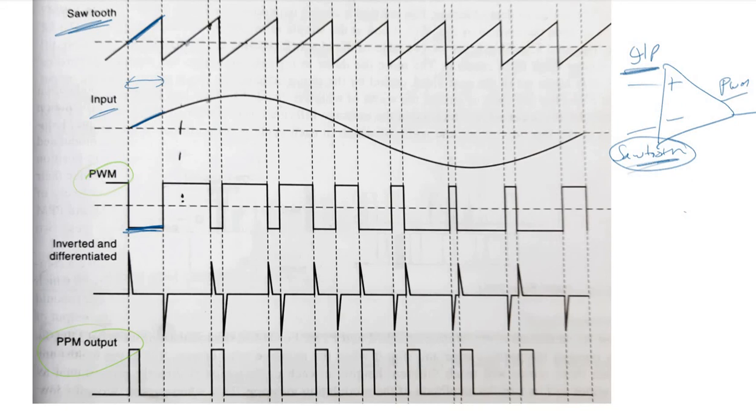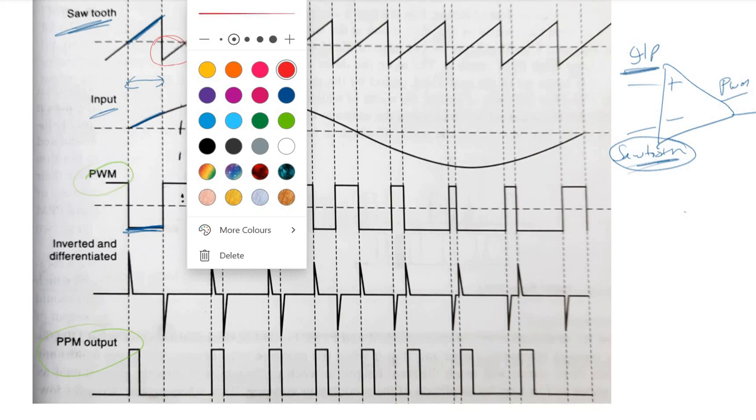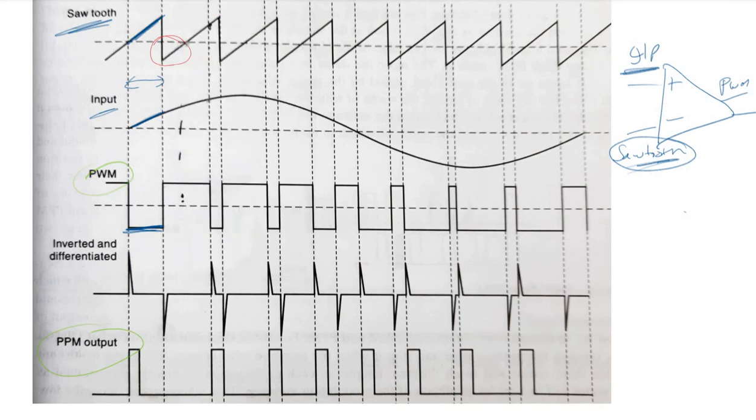And further, the sawtooth waveform has negative polarity, and this message signal has positive polarity. Clearly the message signal is more as compared to the sawtooth waveform. If the message signal is more as compared to sawtooth, the output will be plus V. So the output is plus V in this region, right?